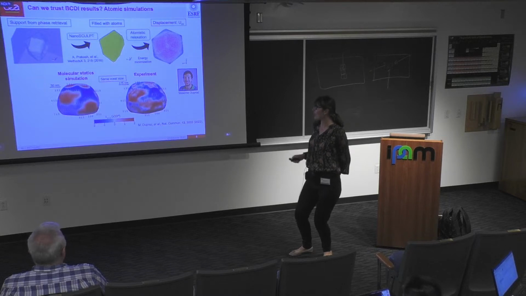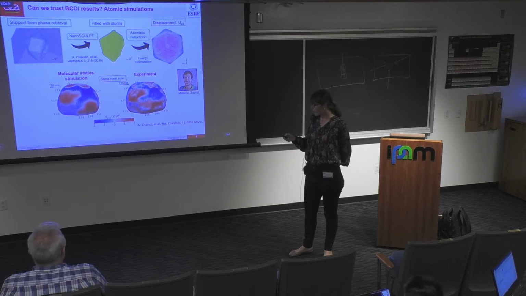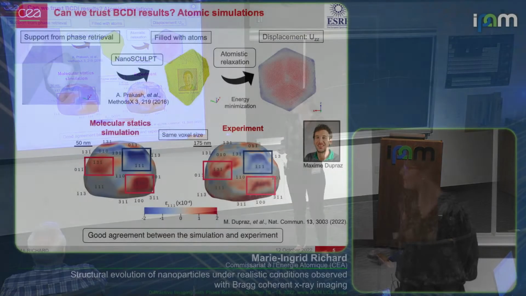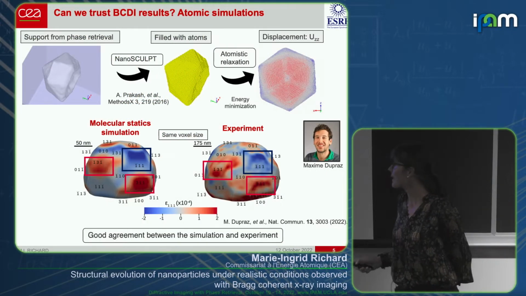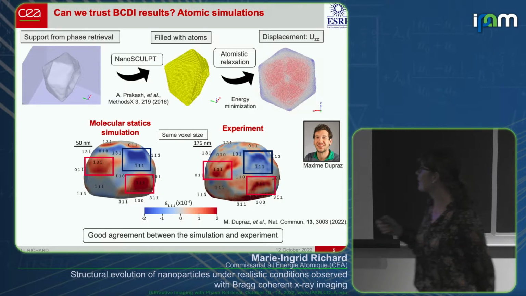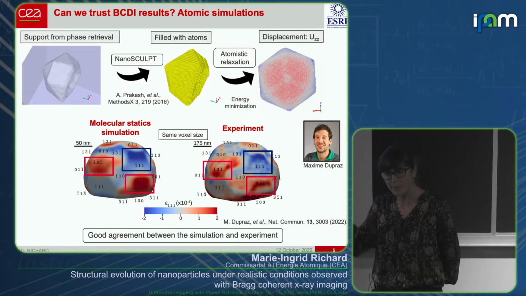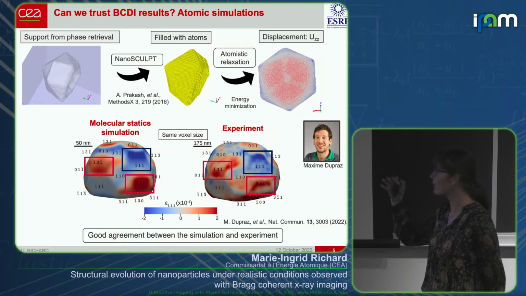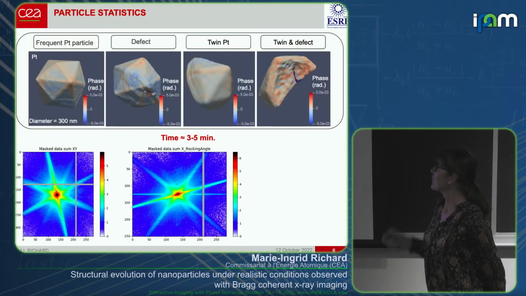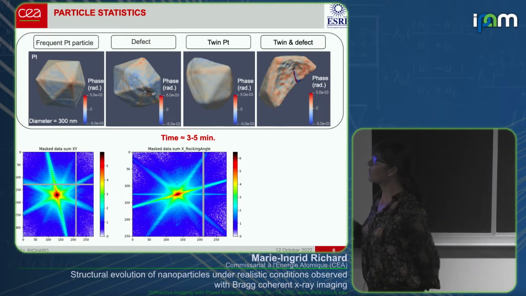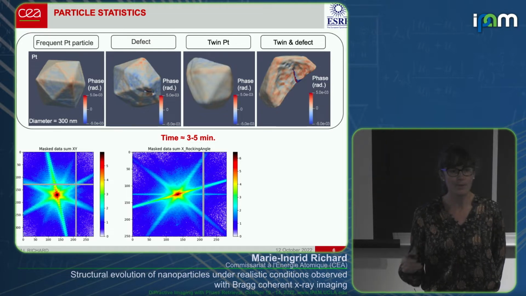So we have the out-of-plane strain, and what we get is a very good comparison between experiment and molecular statics simulations. That means we can trust the technique to be surface sensitive, to see what we are doing during catalysis. The measurement time is quite fast, so we can measure different types of particles.